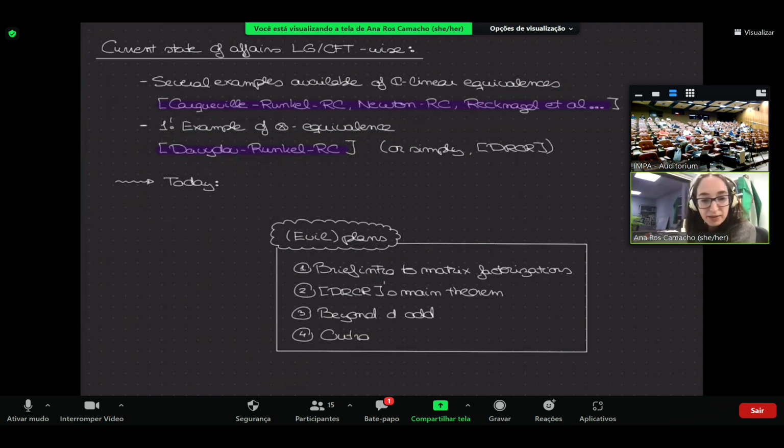Given this very sad perspective, I would like today to expand the main result of this article, because it's a tensor equivalence, but it depends on a parameter, and this only holds for the parameter being odd. So I would like to expand this for any value of this parameter.